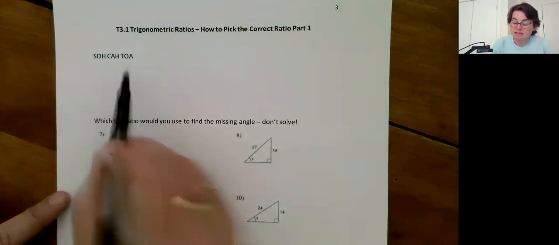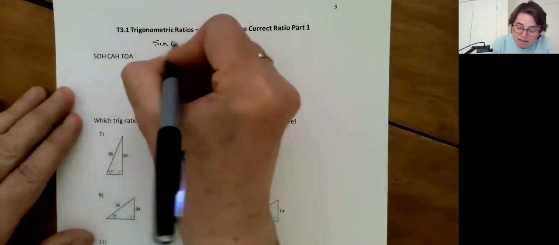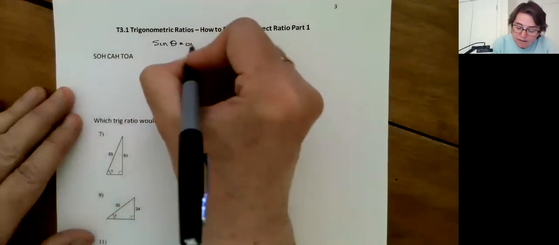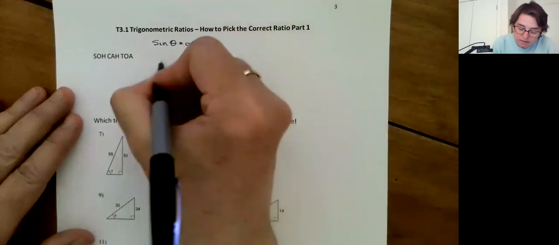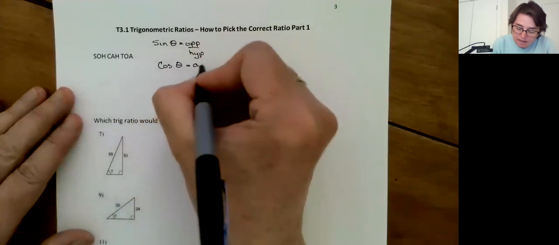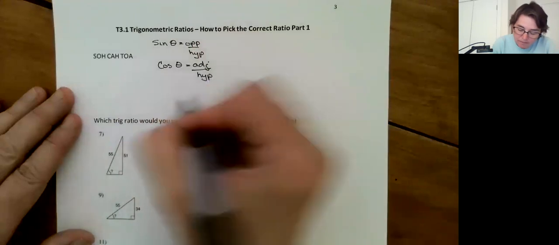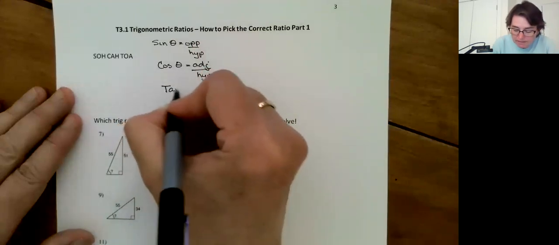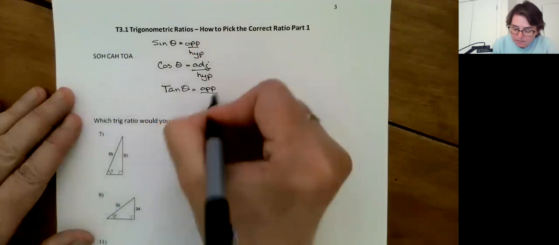And as much as this is lovely, I don't care. I'm always writing sine theta is opposite over hypotenuse. Cos theta is adjacent over hypotenuse. And tan theta is opposite over adjacent.